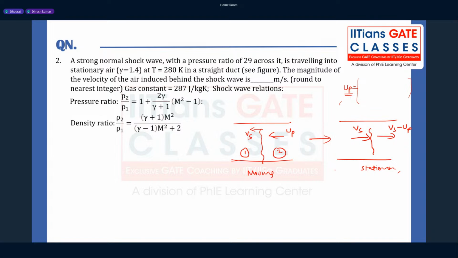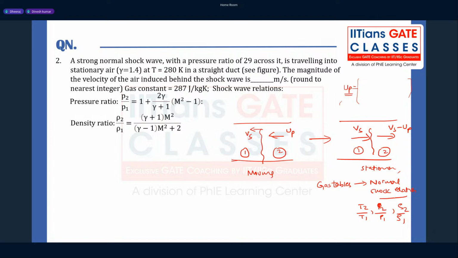If you see your gas tables and the normal shock relations, you will know for a particular Mach number what will be my T2 by T1, my P2 by P1, and my rho 2 by rho 1.